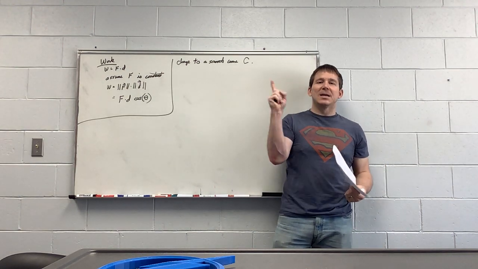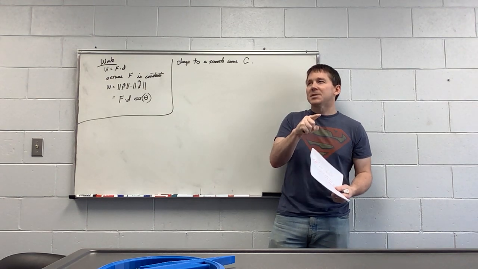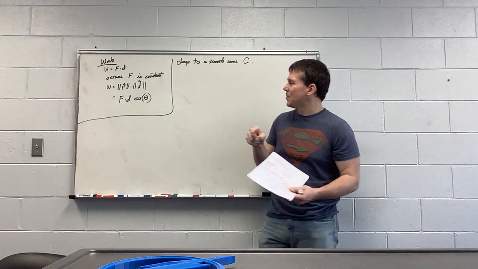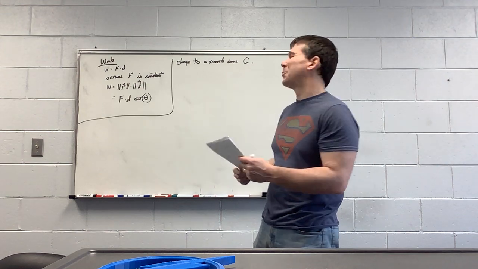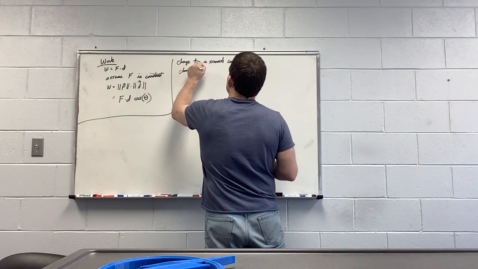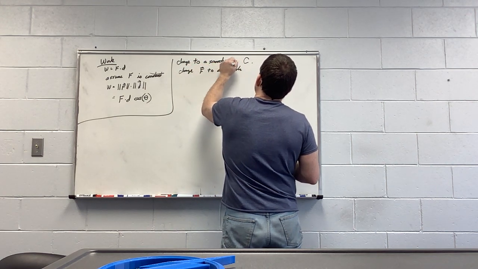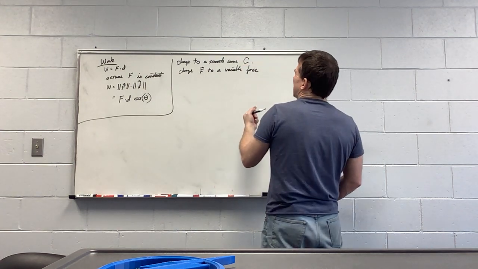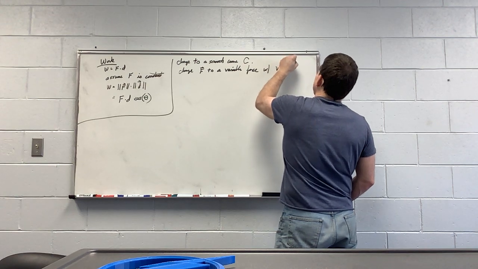So if I'm moving through that area, the force is variable based off of where I am in that hurricane, which means it is better to think about this from a real world perspective with the variable force. So we will change F to a variable force. And yes, obviously, now we're going to have the vector field F.